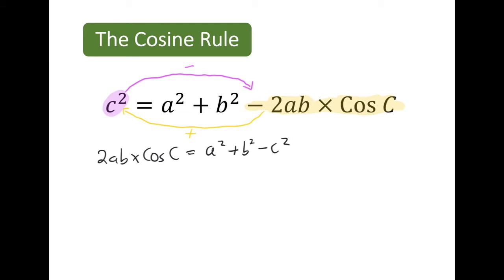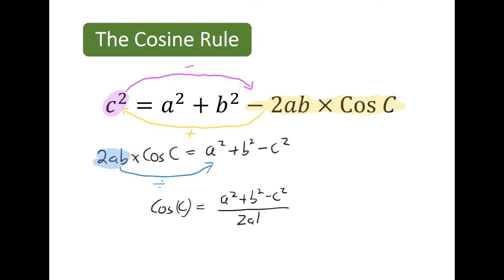Now to get cos of C by itself, we take our 2ab and move it over to the other side by dividing it. So our formula then becomes cos of angle C is going to equal a squared plus b squared minus c squared, divided by 2ab.